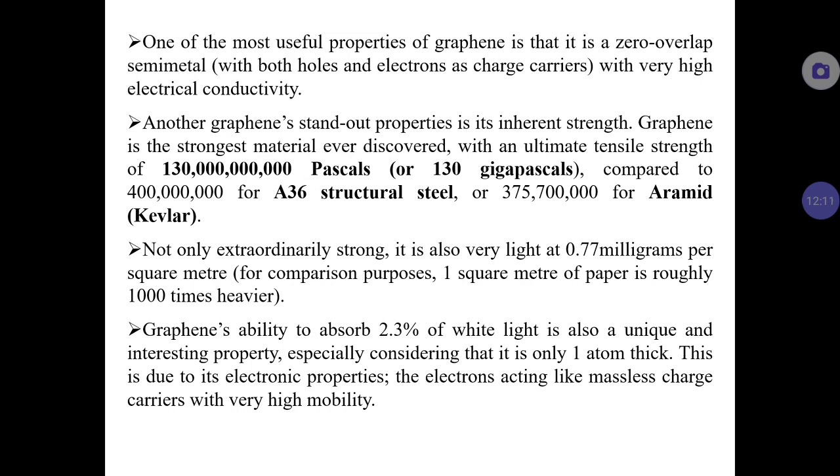Not only is it extraordinarily strong, it is also lightweight. That is one of the special things about this graphene material. The strength given here is for a heavy material, but graphene is very lightweight when compared to any other material.